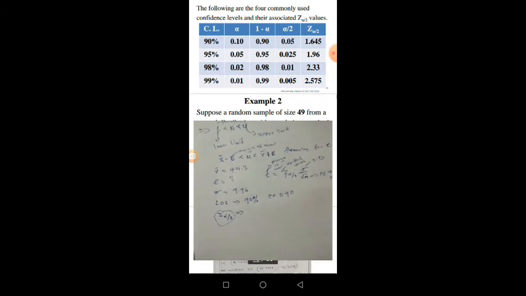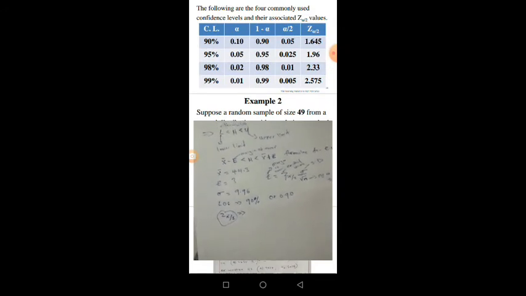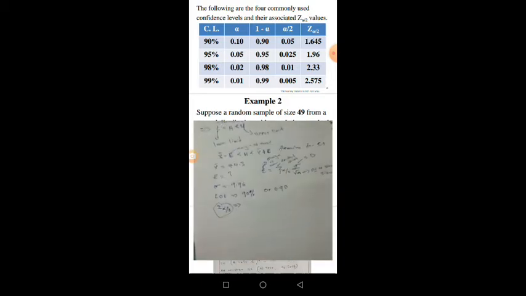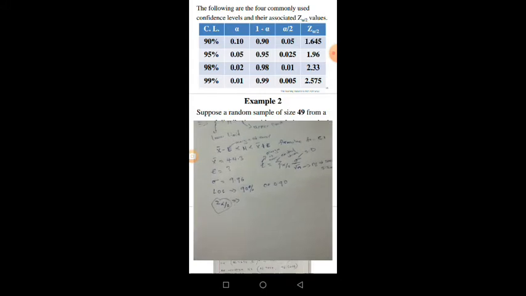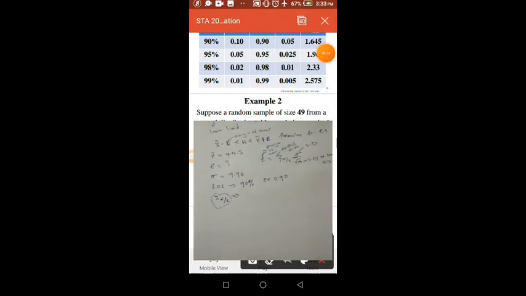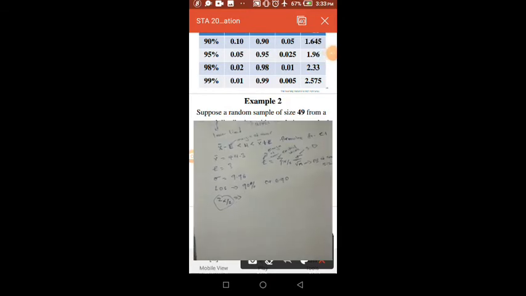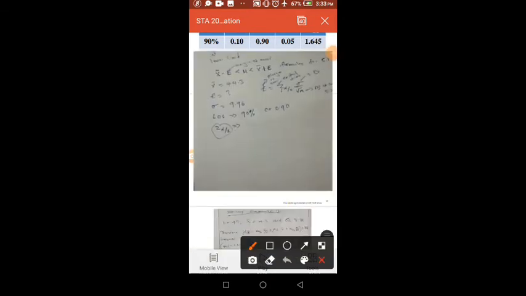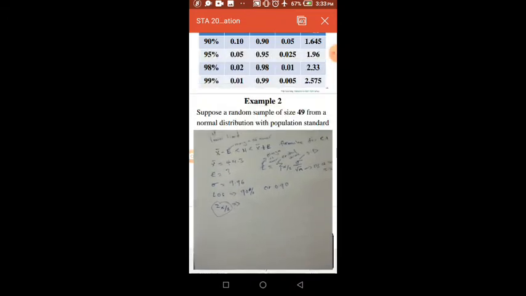You can see the CL there is the confidence level, the level of confidence. Our level of confidence is 90%.